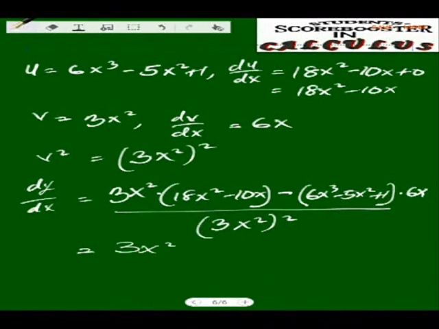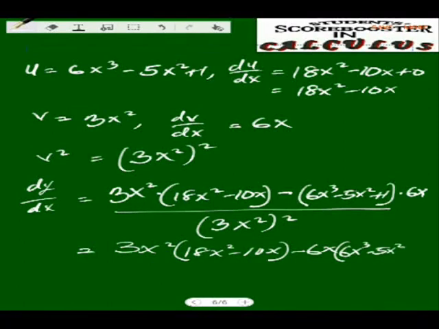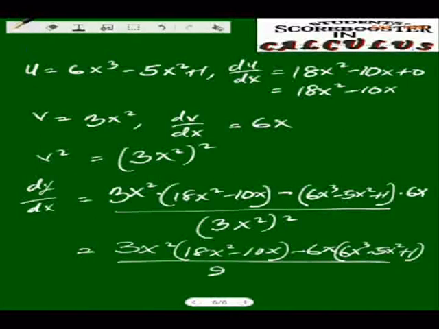So you have 3x squared into 18x squared minus 10x, right? Then minus 6x cubed minus 5x squared plus 1 over 9x raised to the power 4. I hope this is still clear.